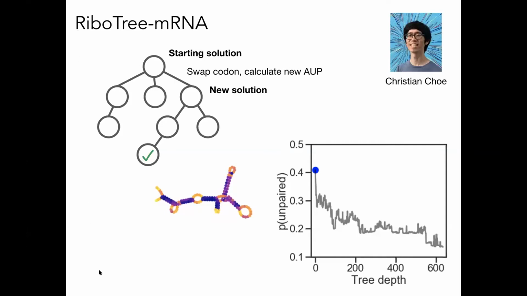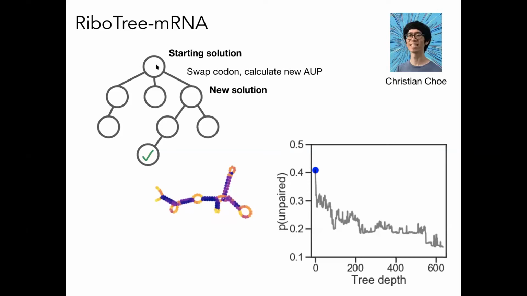And so here I'm going to show you the computer algorithm that Eterna players were up against. Here's the smiling face of your opponent, Christian Cho. This is an extension of another algorithm that Christian came up with. And so it makes use of a Monte Carlo tree search to sample different RNA sequences.